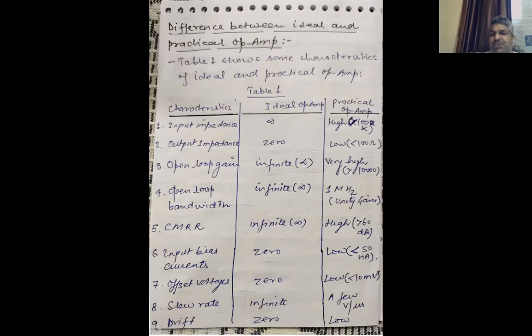It is zero for ideal, but practically it is very low, less than 10 millivolts. Next is slew rate. It should be infinity for ideal, and for a practical op-amp it is a few volts per microsecond. And next is thermal drift. It should be zero for an ideal op-amp, and for a practical op-amp it is very low.